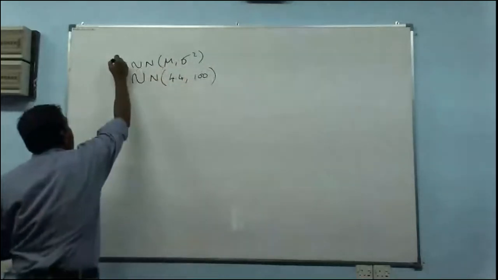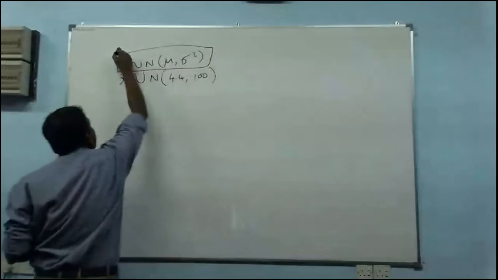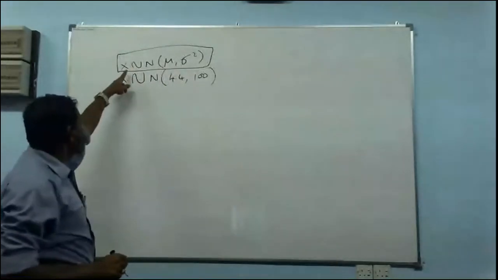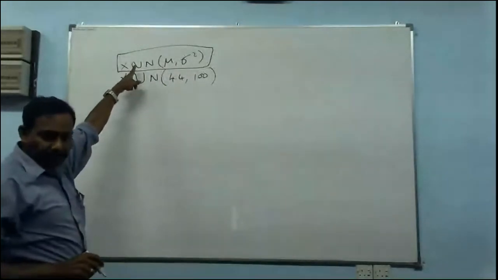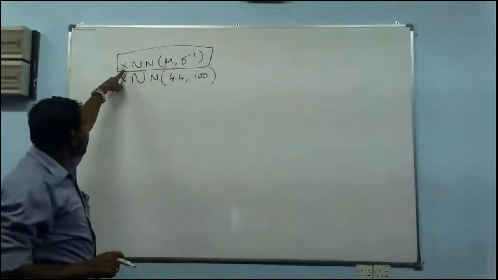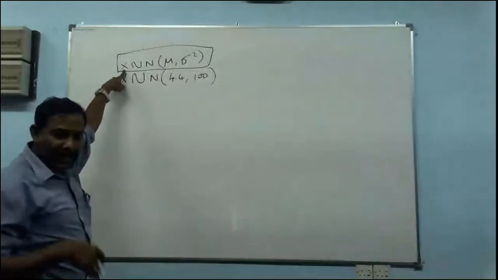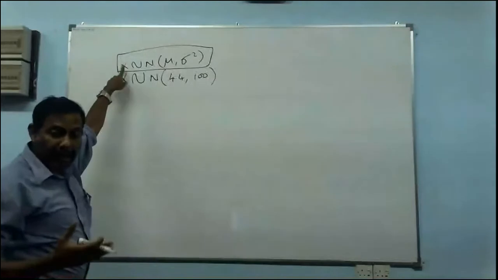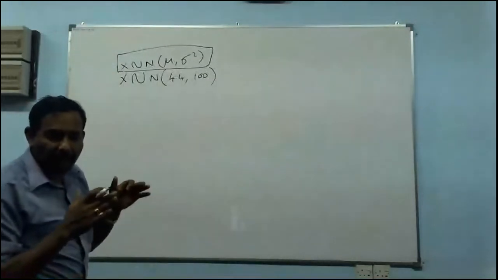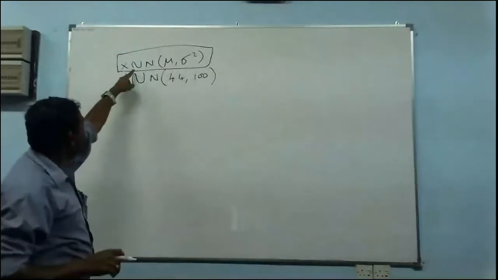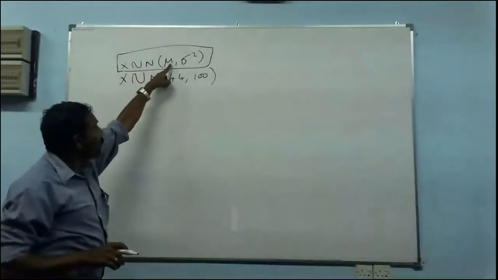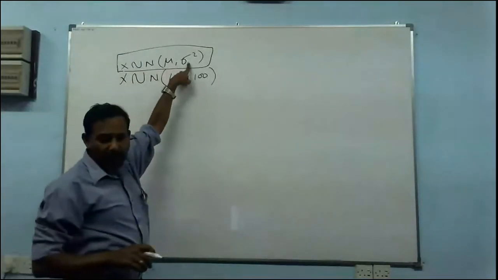This is how we generally write for a continuous distribution or normal distribution, right? X, which is the random variable. In our example, it is the paddy production per hectare, distributed normally with mu and sigma square.